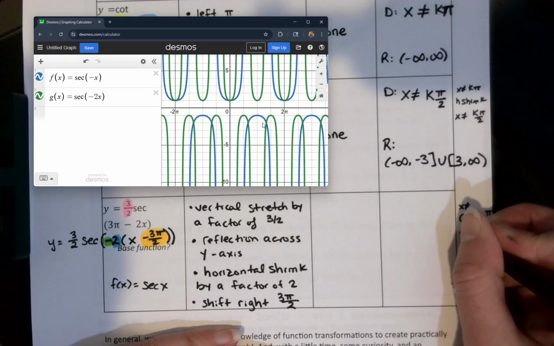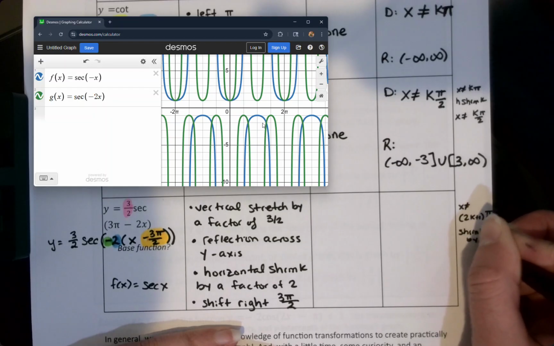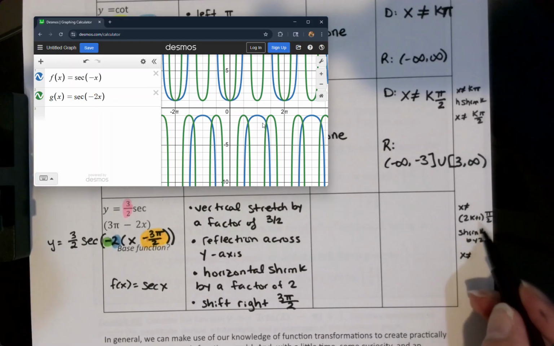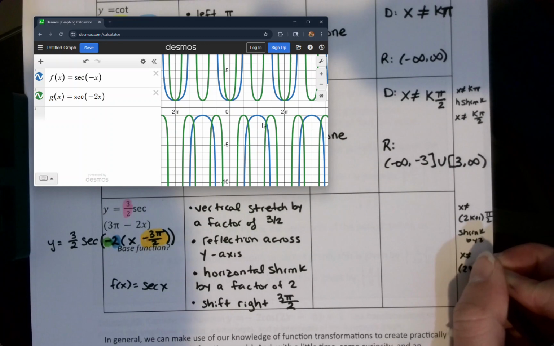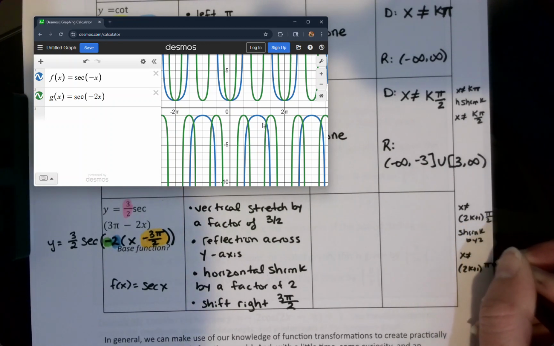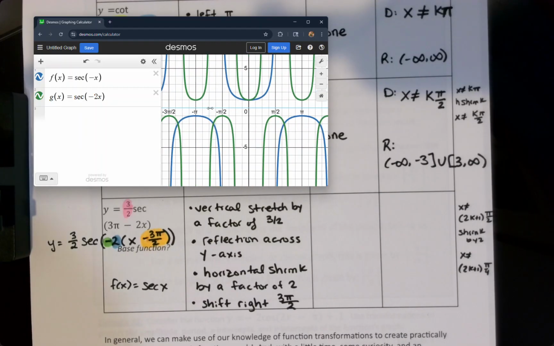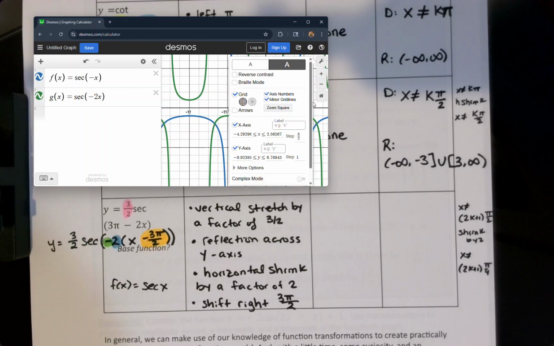And if we shrink by 2, this is now going to be x is not equal to, if I divide this by 2, odd multiples of pi fourths, right? So 2k plus 1 pi fourths. And if we expand our scale here, we should hopefully be able to see on the green function, I think that would be pi fourths, right? Let me just get the scaling up here to step this by pi fourths.